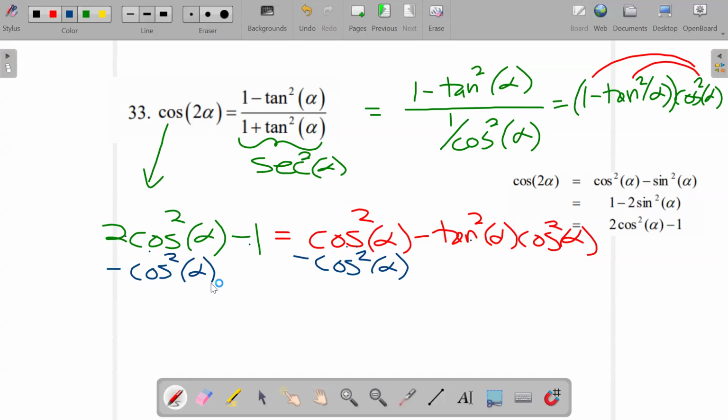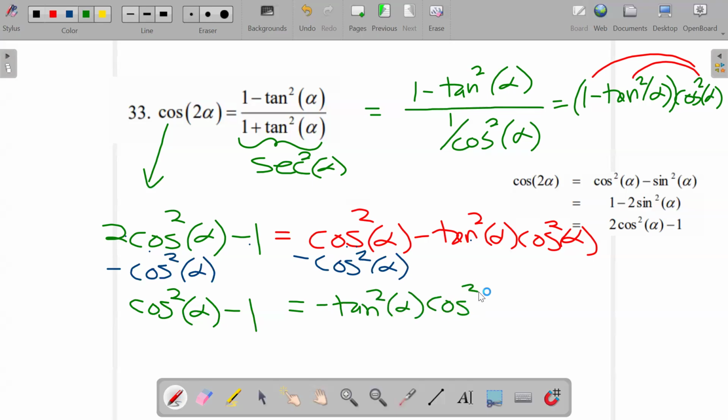So I'll just have a cosine squared of alpha minus 1. On the other side, I've got cosine squared minus cosine squared is gone, so I just have minus tangent squared of alpha times cosine squared of alpha.